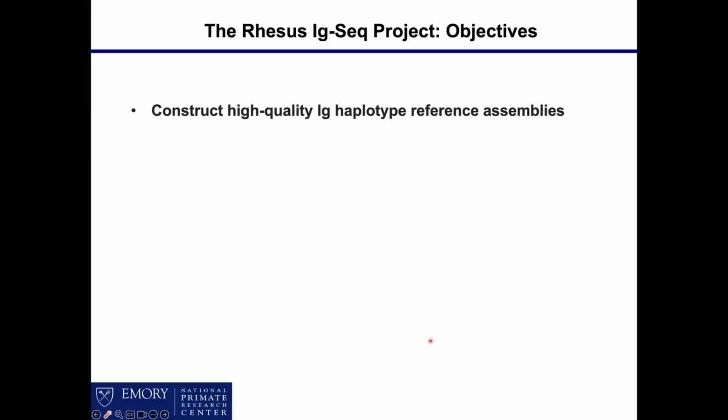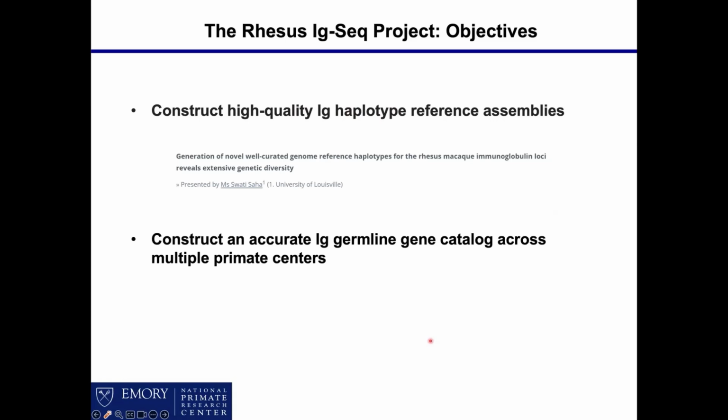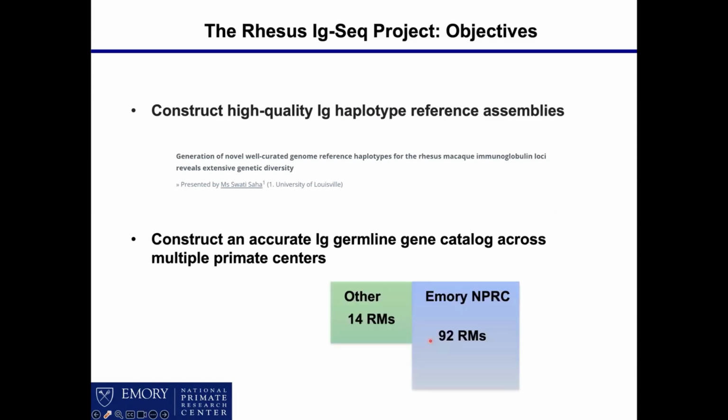Okay, so to make that more simple, when we got our grant, our initial objective was to conduct high-quality haplotype reference assemblies, and I'm not going to cover that today. That's the work by Sooty and Corey that I'm going to put a teaser for a potential future AIRR-C talk. What I'm going to focus on today was constructing an accurate IG gene catalog across all these primate centers I've talked about.